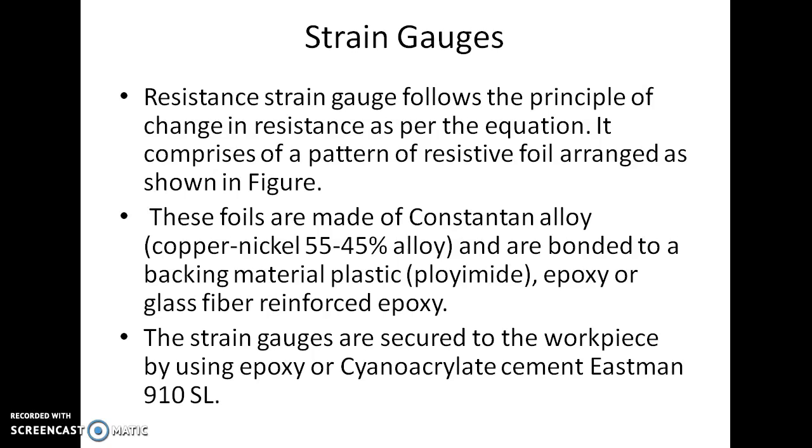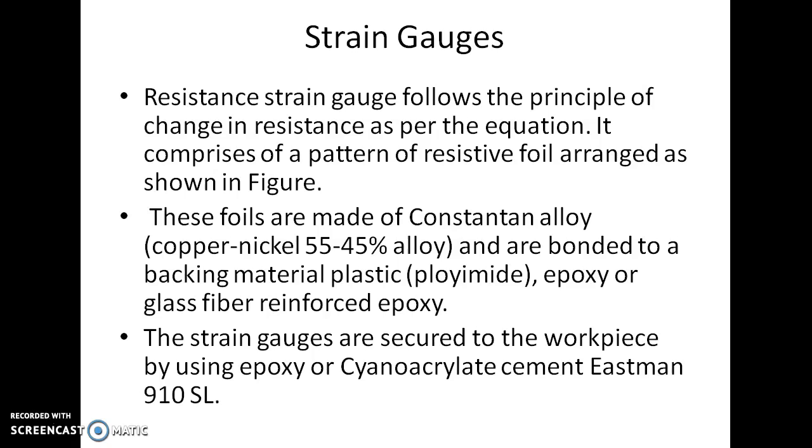Resistance strain gauge follows the principle of change in resistance as per the equation you have seen previously. It comprises a pattern of resistive foil arranged as shown in the figure. I will show you that. These foils are made up of constantan alloy, that is, an alloy consisting of copper 55% and nickel 45%.